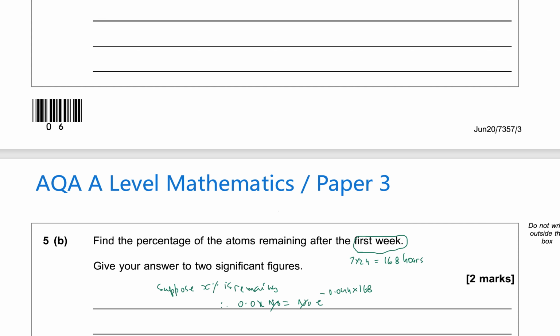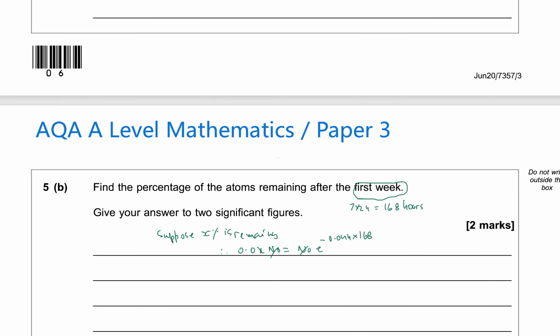I will cancel out the N0, and I can then write x over 100 is equal to e to the power minus 7.392. If I multiply it all by 100, x would be equal to 100 times e to the power minus 7.392.